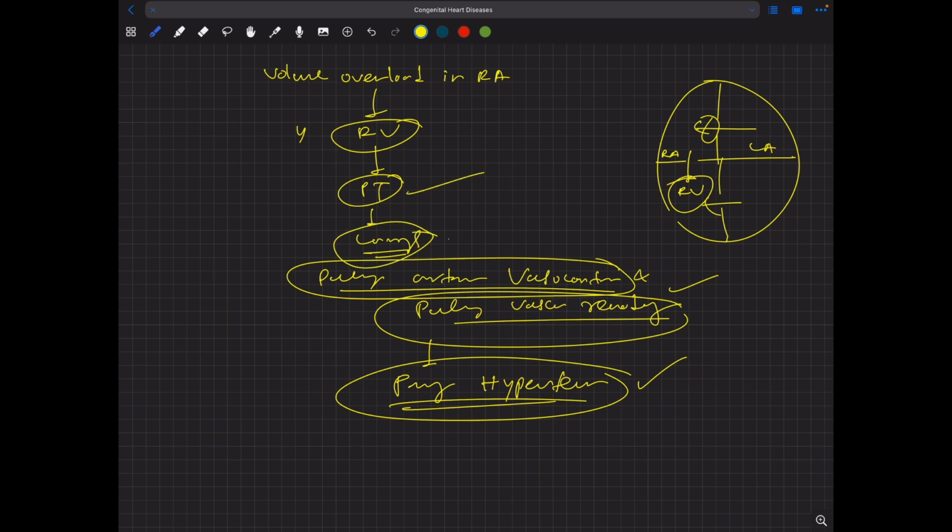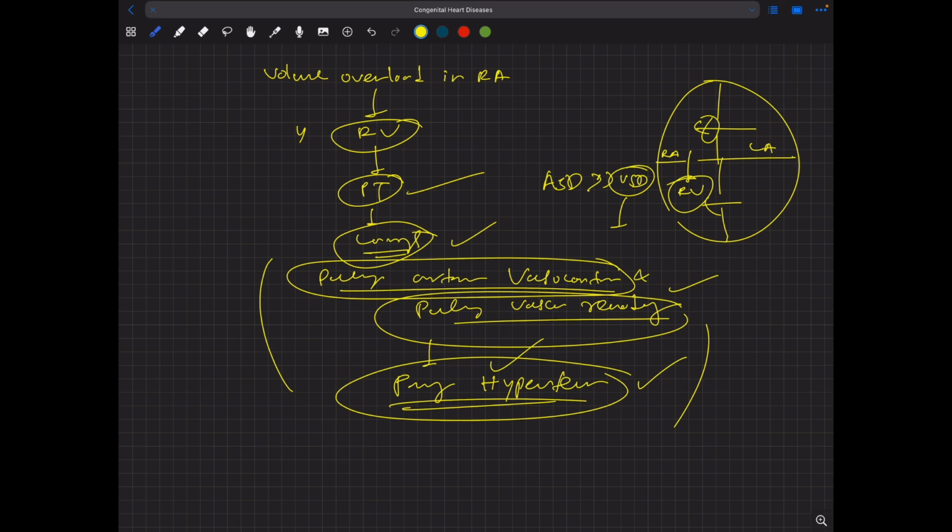The extra blood will go to the lungs, with the same process of pulmonary vascular remodeling and development of pulmonary hypertension. But the time taken in case of ASD to develop pulmonary hypertension is more than VSD. In case of VSD, he will develop pulmonary hypertension faster.